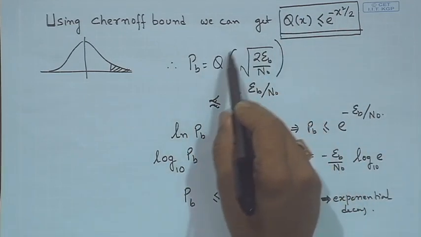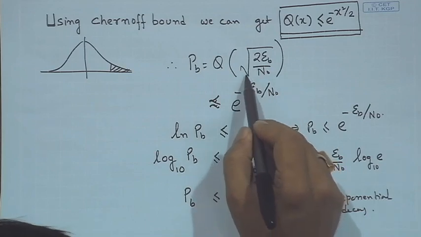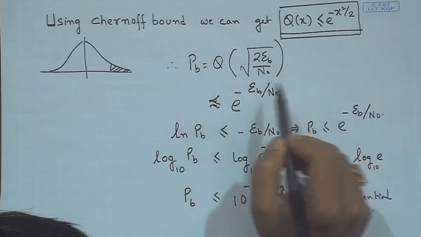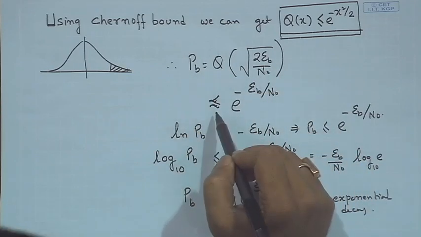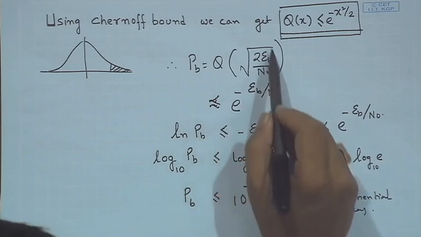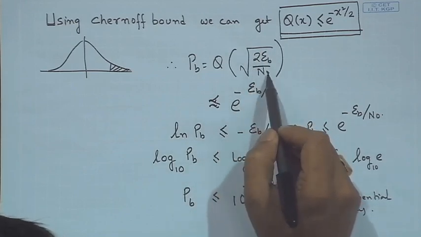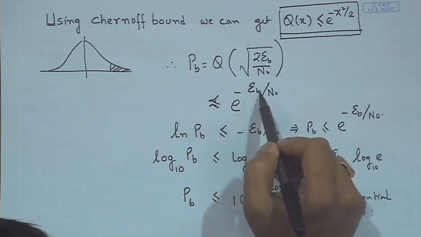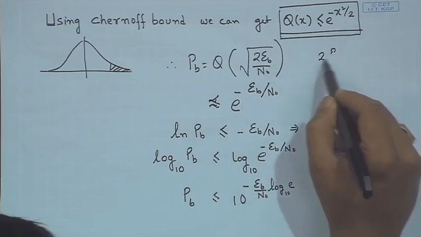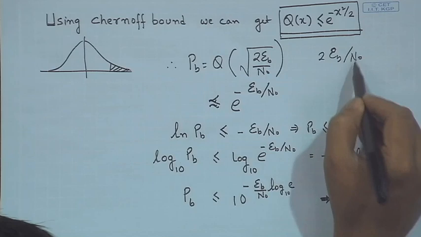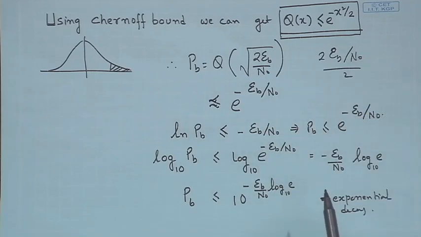So, P b, which is equal to Q function of root 2 E b by n naught, can be said to be less than or equal to e to the power of the square of this, which is 2 E b by n naught divided by 2. So, it is minus E b by n naught.